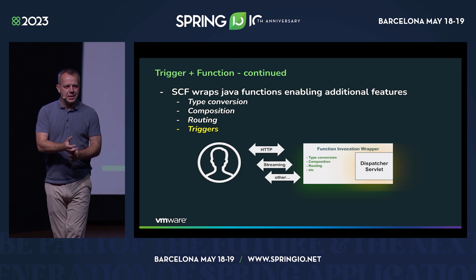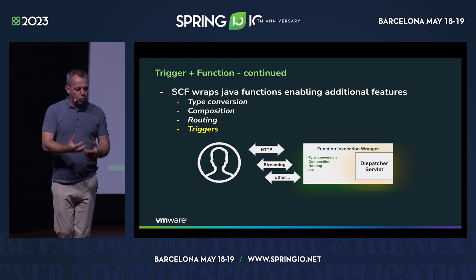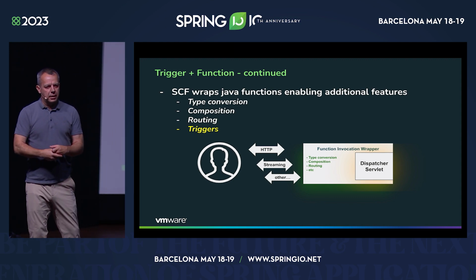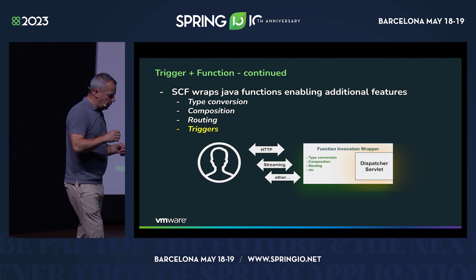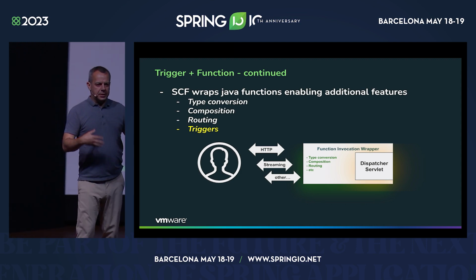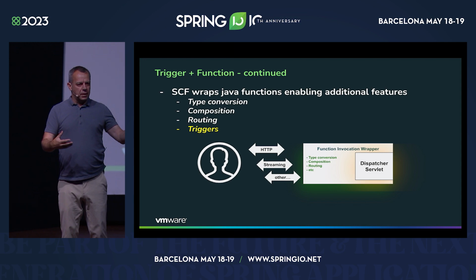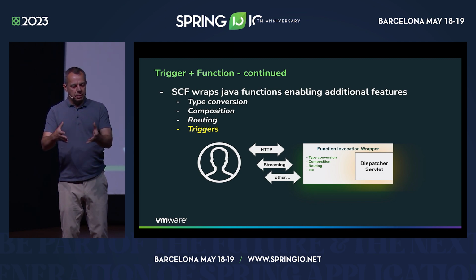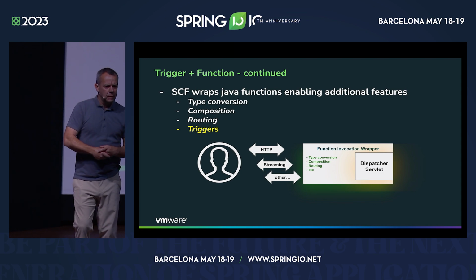But dispatcher servlet is basically a core routing component within the Spring web stack. Sure, it's integrated with a variety of web servers because it follows the servlet API specification, but it's also a component that you can interact with directly, right?